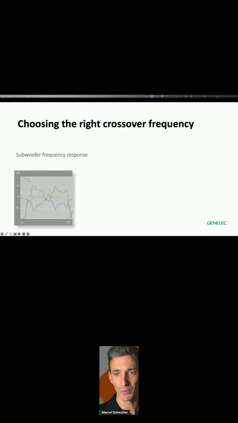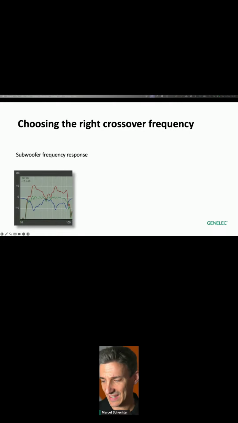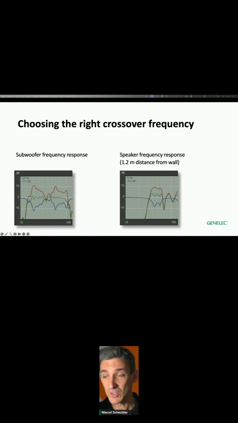I can just show you the results from GLM for this. This would be a measurement for the subwoofer. You see after calibration, very linear from 20 up to almost 100. And this is the speaker, and the speaker, of course, because I put it 1.20 meters away, has this notch you can clearly see. And if I now choose the crossover higher than this notch, for example, 90, 85, yeah, then this is covered.